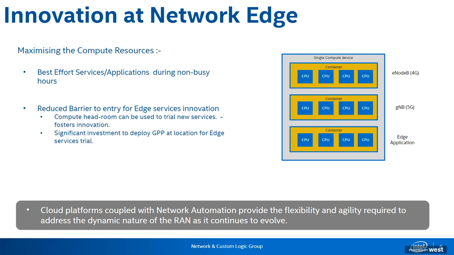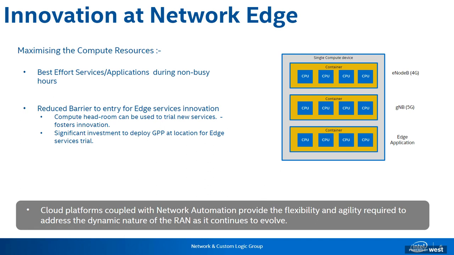And this enables what I refer to as edge services innovation, the ability to innovate at the edge of the network. And by having this type of implementation, a pool of cores and some overhead provisioned, that has reduced the barrier to entry to enable you to consider trialing new services, for example. If you compare that against a scenario where you have to bring in a compute box for that kind of innovation, then there are a lot of barriers to entry.